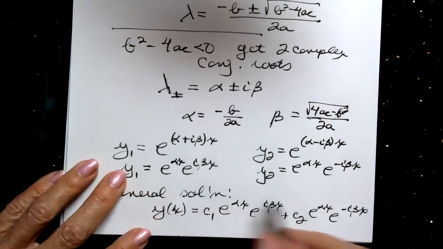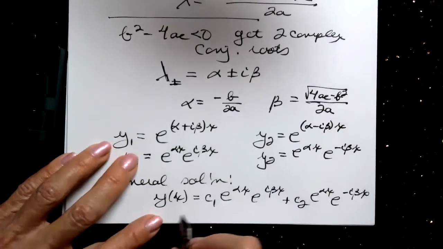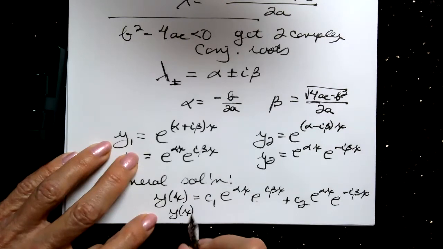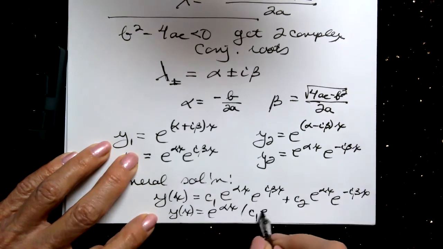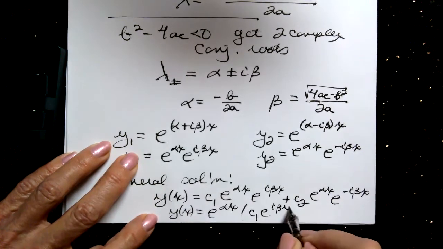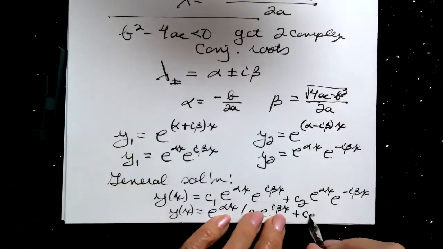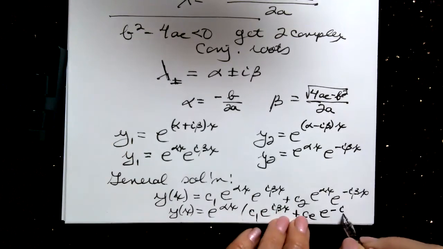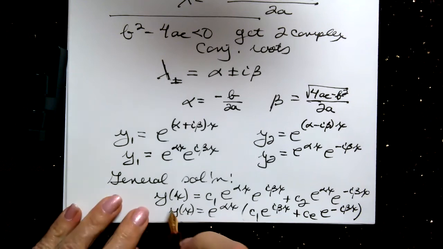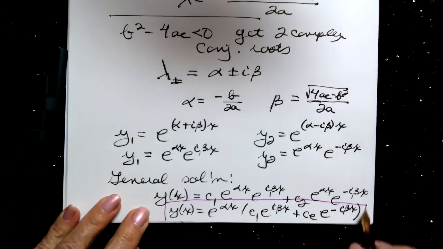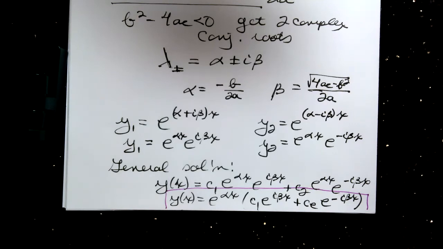Notice there's an e to the alpha x in both, so you can write it as y of x equals e to the alpha x times c1 e to the i beta x plus c2 e to the minus i beta x. That's one perfectly good way to write out the general solution of our second order constant coefficient homogeneous ODE in this case. Now, why do people not like that?